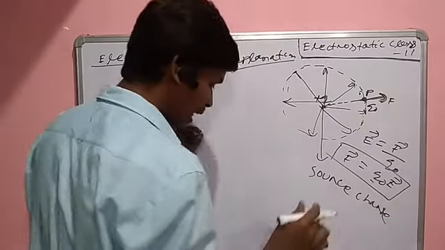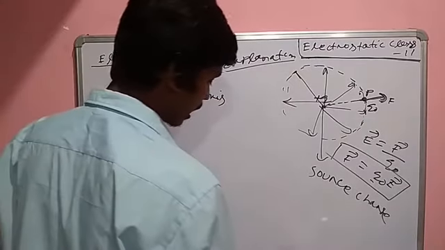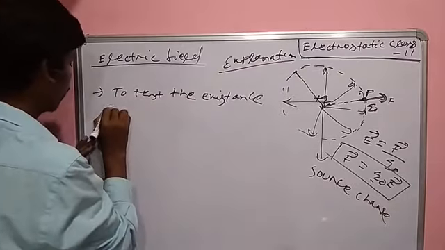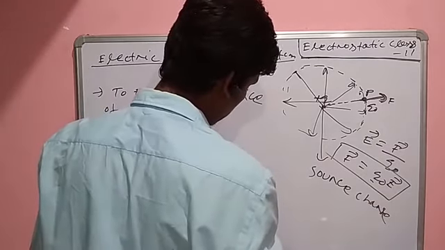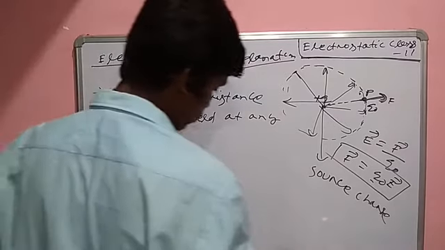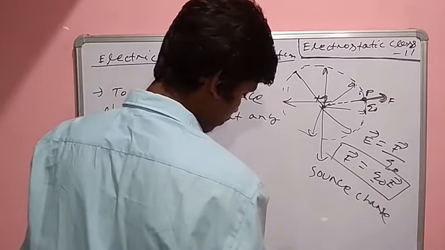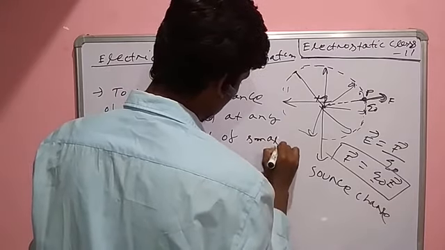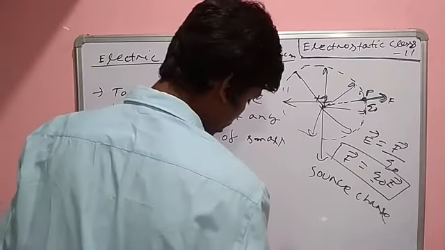So we can write: to test the existence of electric field at any point P, place a small test charge Q0 there.